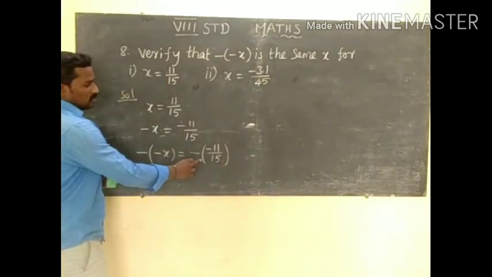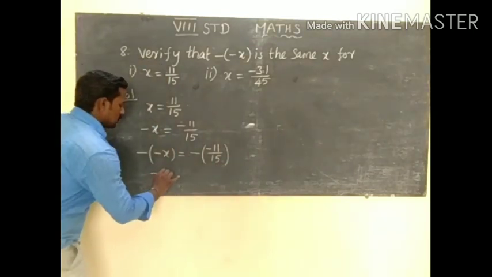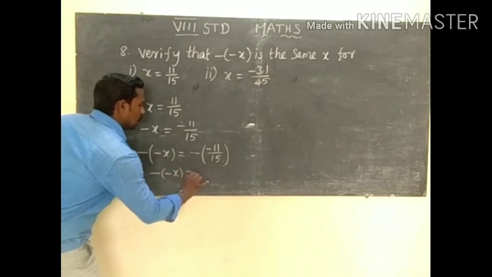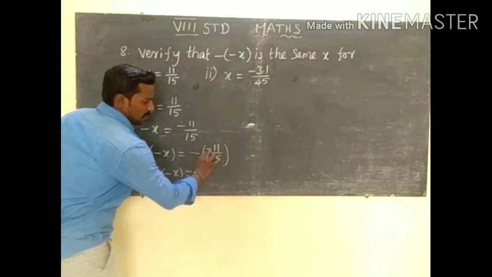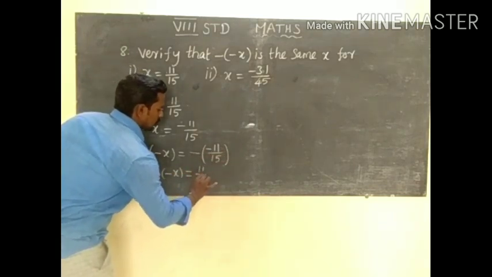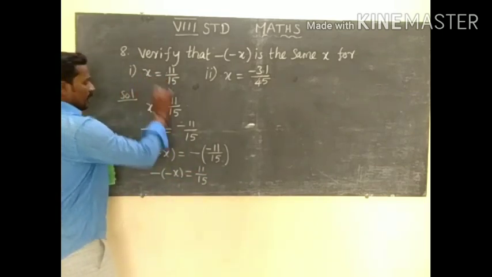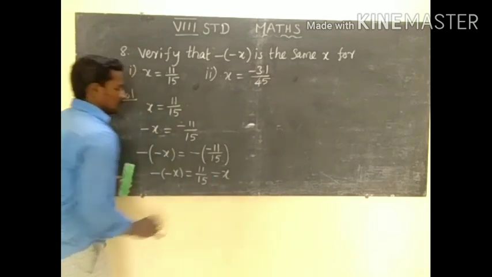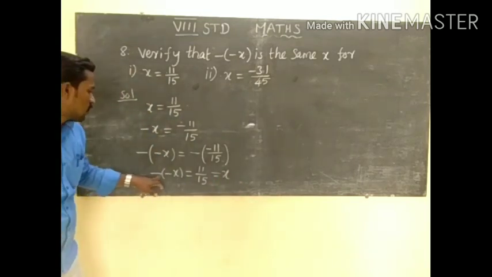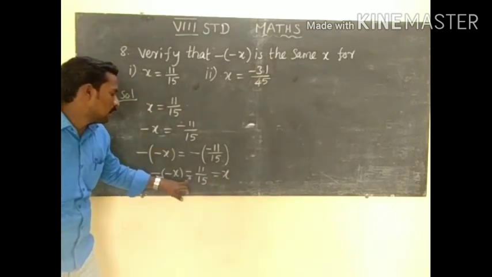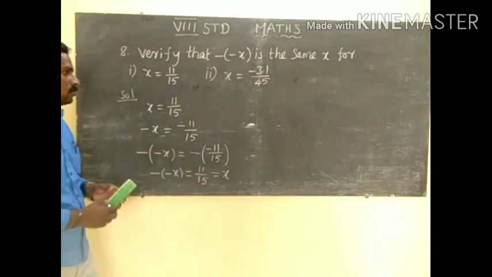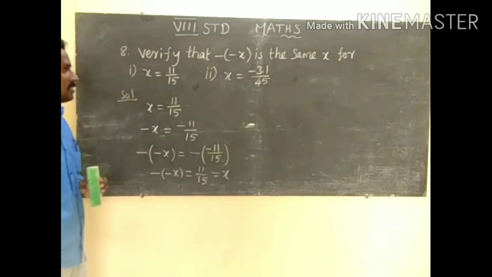Have you understood this? Next, minus of minus x equals minus into minus, plus 11 by 15. This is equal to x. Minus of minus x is equal to x. Hence verified.